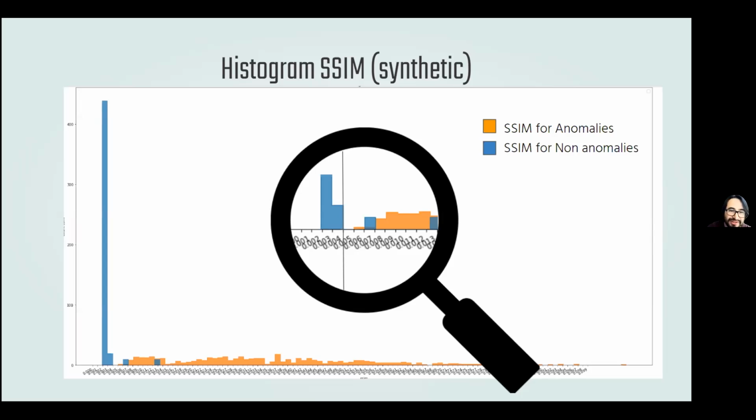If we graph the difference with the SSIM loss function in the histogram, you can see that there is a specific number, or maybe a region, where on the right you can see most of the images that are part of the set of anomalies, and on the left, the set without anomalies.